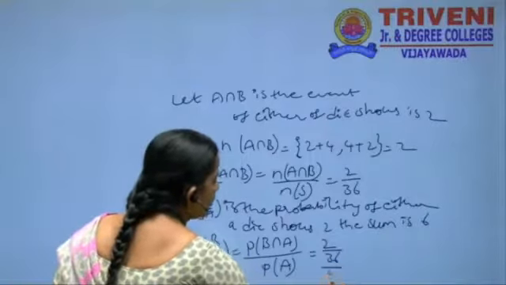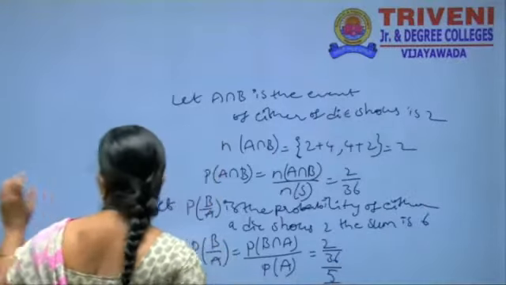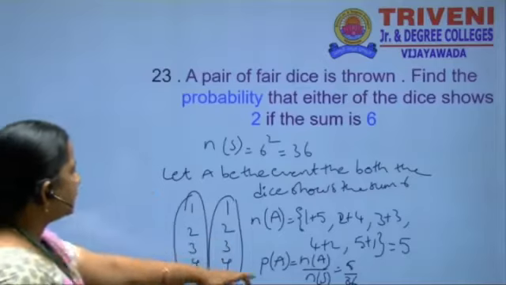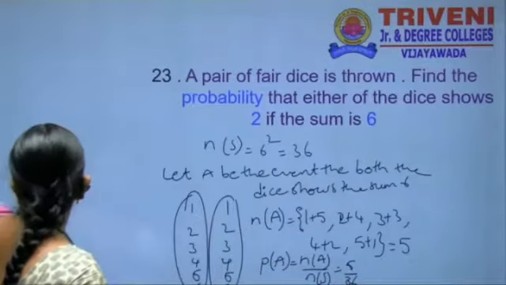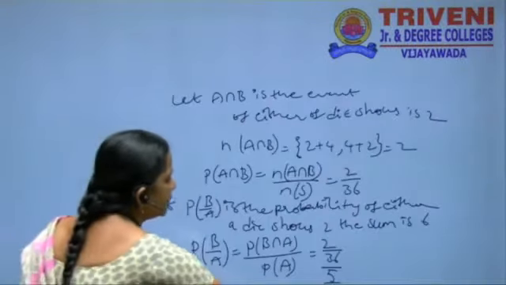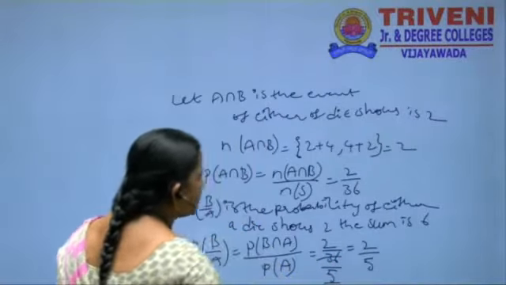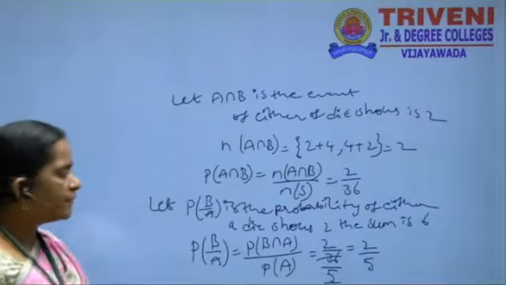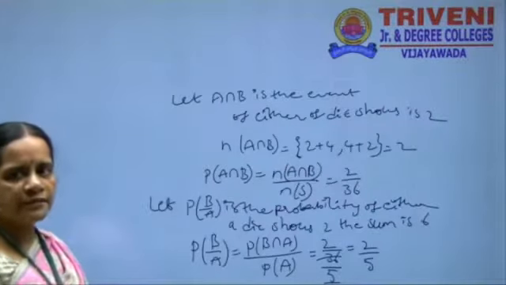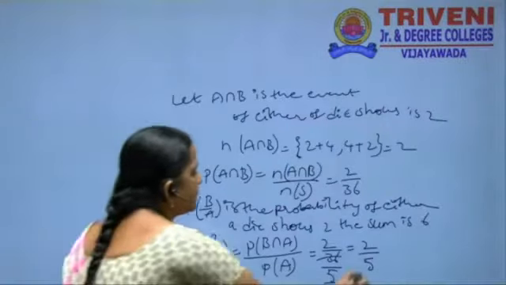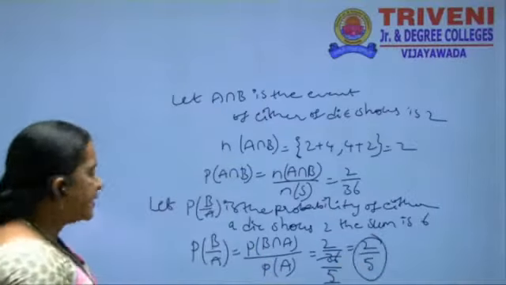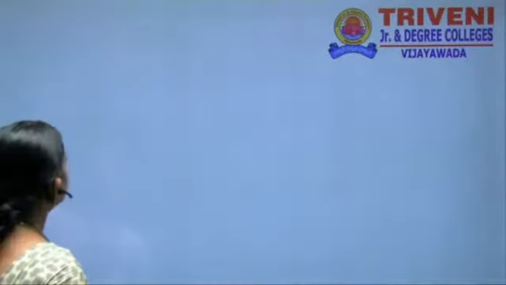Here the value of P of A is how much? P of A is 5 by 36. Then substitute the values here. 36 gets cancelled. Then it is 2 by 5. The probability that either of the dice shows 2 given that the sum is 6 is 2 by 5. Okay, and then we are going to the next problem.